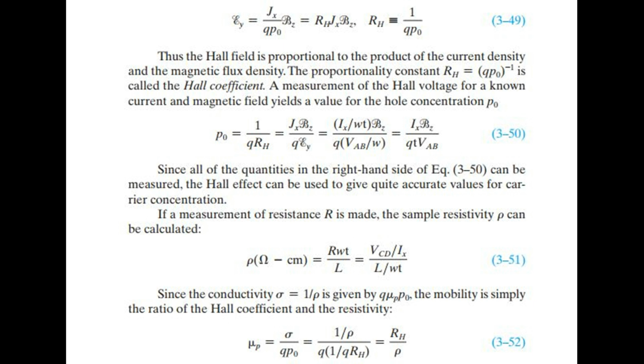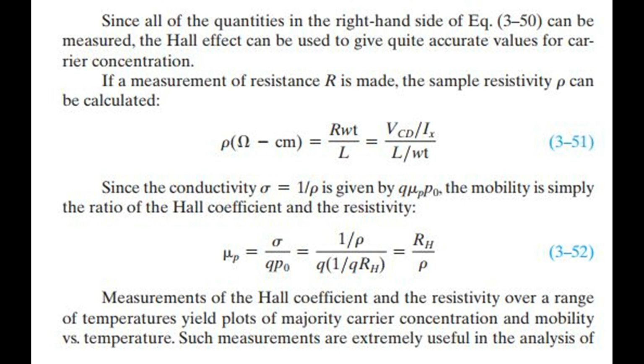If a measurement of resistance R is made, the sample resistivity ρ can be calculated. Since the conductivity σ equals 1/ρ and is given by q μp p0, the mobility is simply the ratio of the Hall coefficient and the resistivity. Measurements of the Hall coefficient and the resistivity over a range of temperatures yield plots of majority carrier concentration and mobility versus temperature.